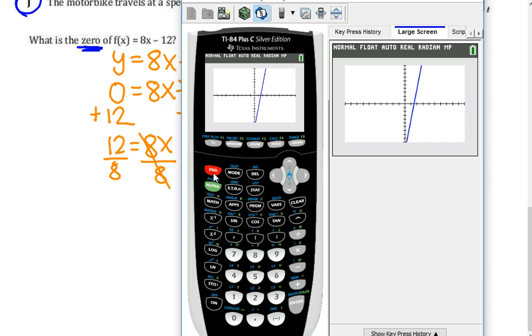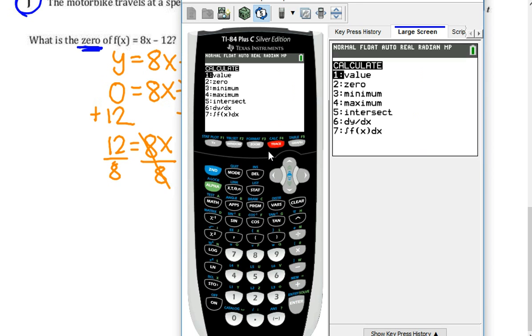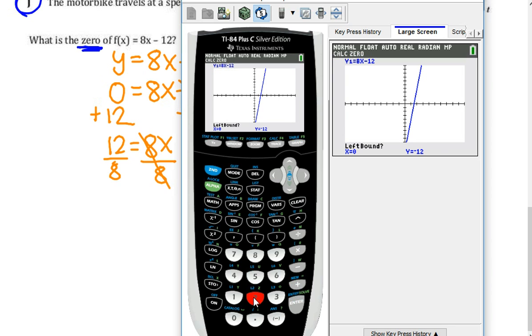If I wanted to double check too, you can also still do second trace, and we want to find our zero. I could do the same thing that we were used to doing with our quadratics, but you can also do them here just to double check. And it tells me it's crossing at 1.5. Cool. So we're good there.